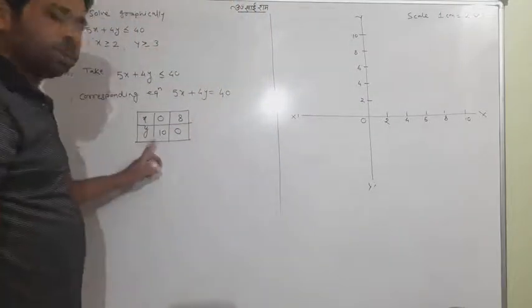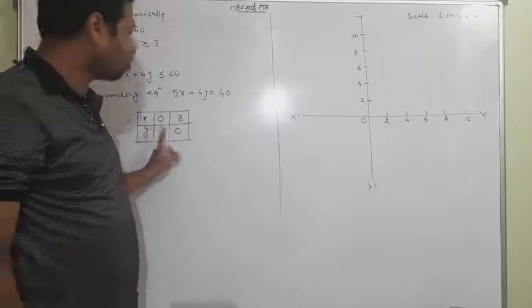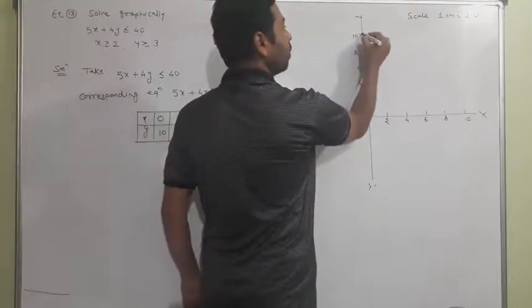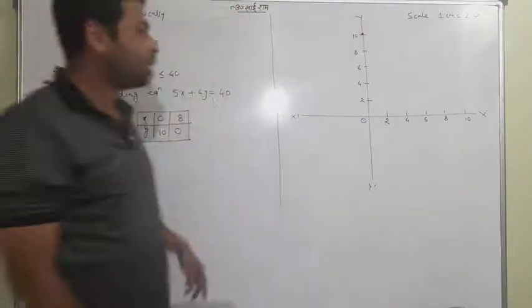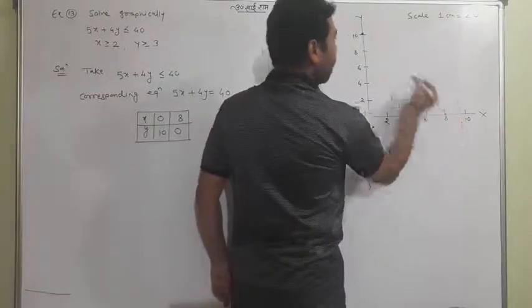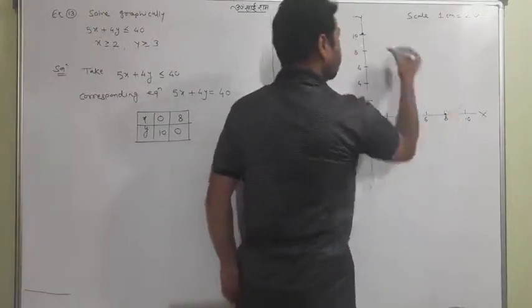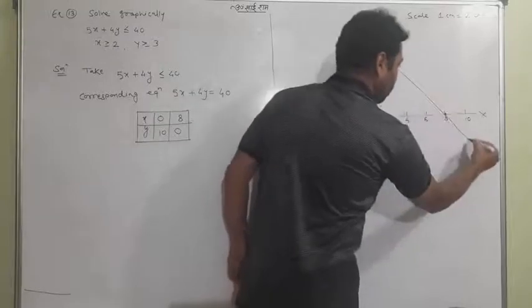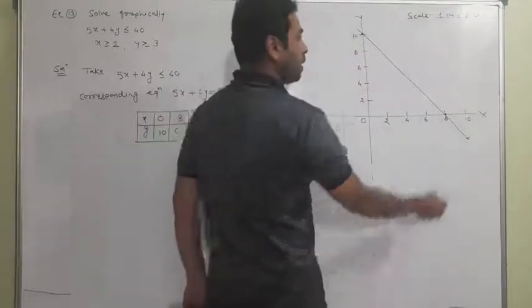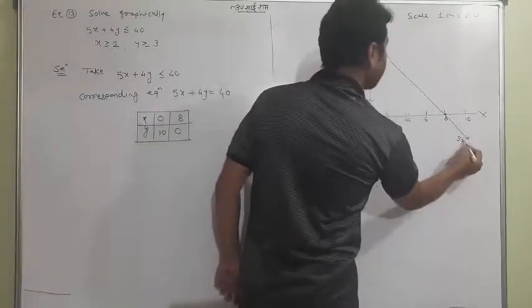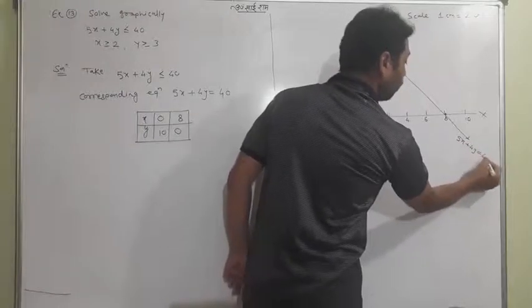Now we can start plotting the points. 0, 10 is here and 8, 0 is here, and we draw the line. This is 5x plus 4y equal to 40.